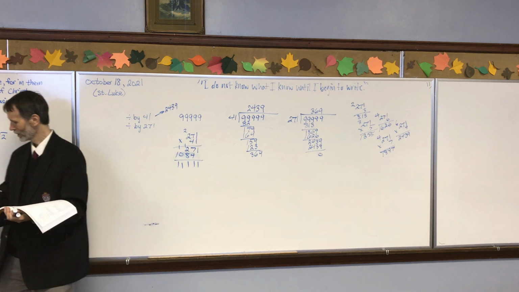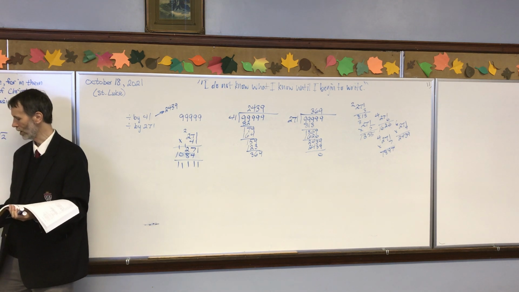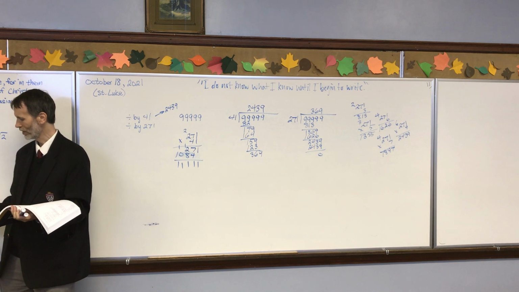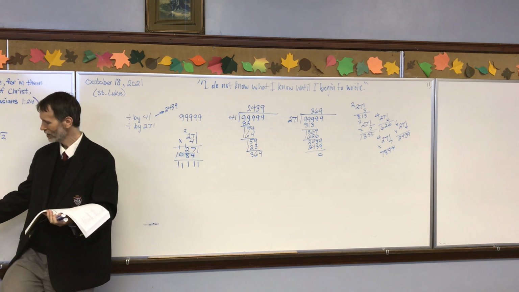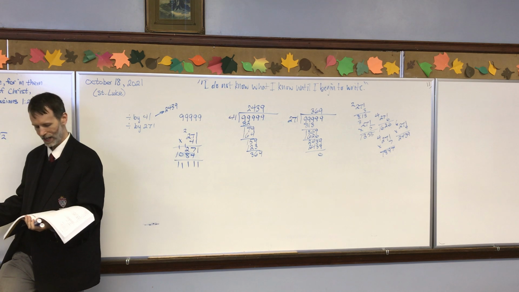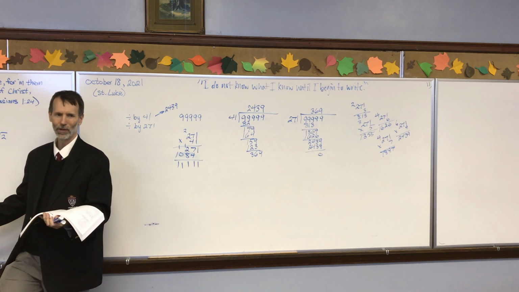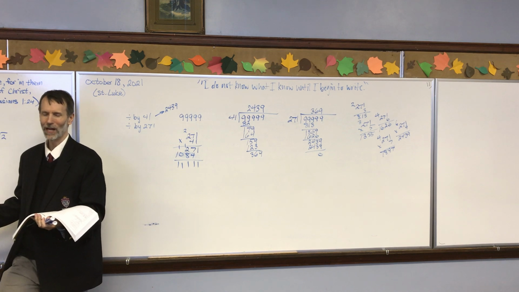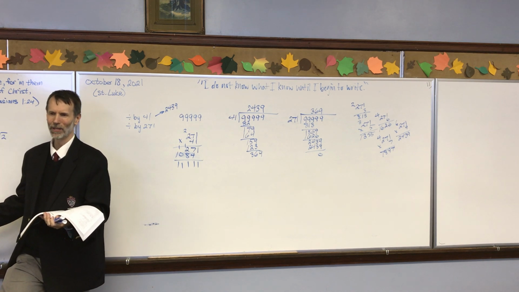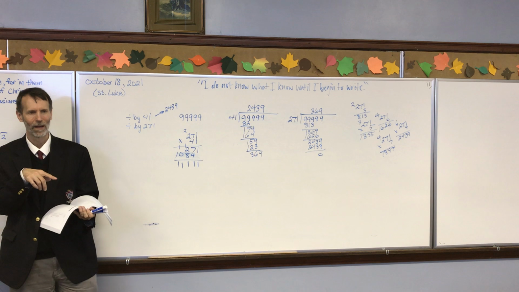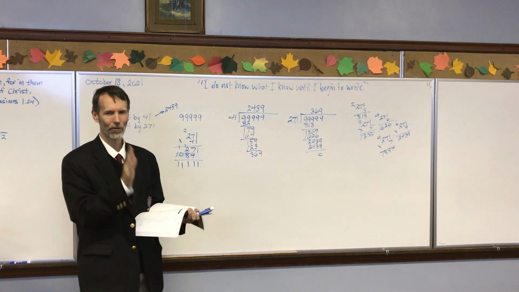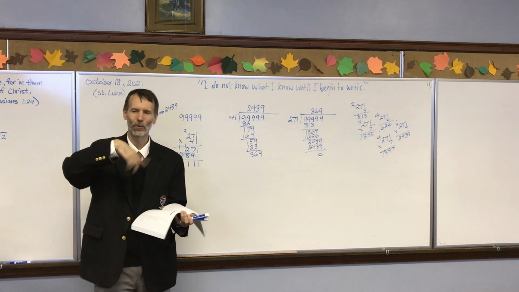Number 6. Each of the following is in decimal form, correct to the nearest hundredth. Part A, 0.75. Part B, 0.75. By the way, did anybody do long division on these? You can stop after the third digit. Third digit tells you whether to round up or round down.